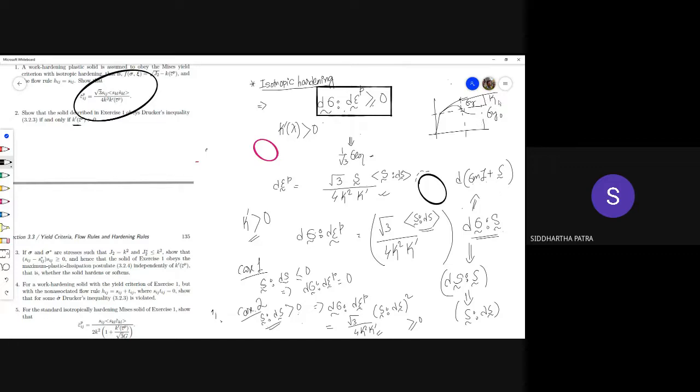Actually, this is not k, it is actually √3 times k, because you know this k is in relation to shear stress, right? So k times √3. Now if you are following this gradually hardening curve, always k prime is greater than 0.